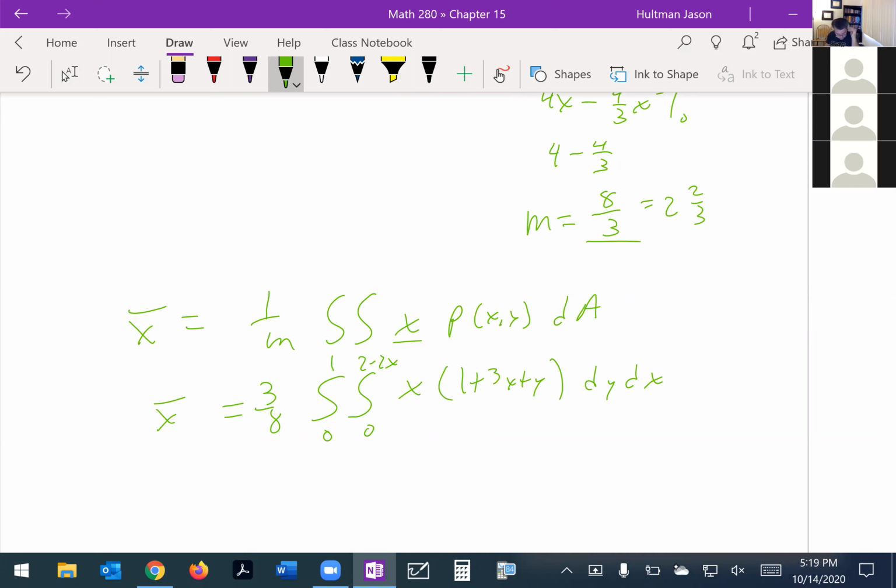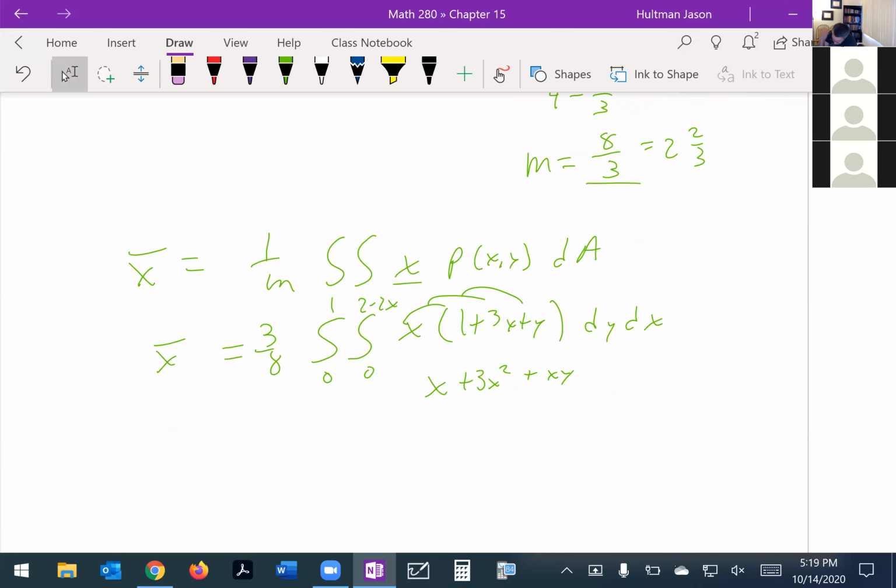Now just distribute this and let's integrate. Well, this is x plus 3x squared plus xy. Integrate on y, and we're going to get xy plus 3x squared y plus xy squared over 2, and evaluate that from 0 to 2 minus 2x.